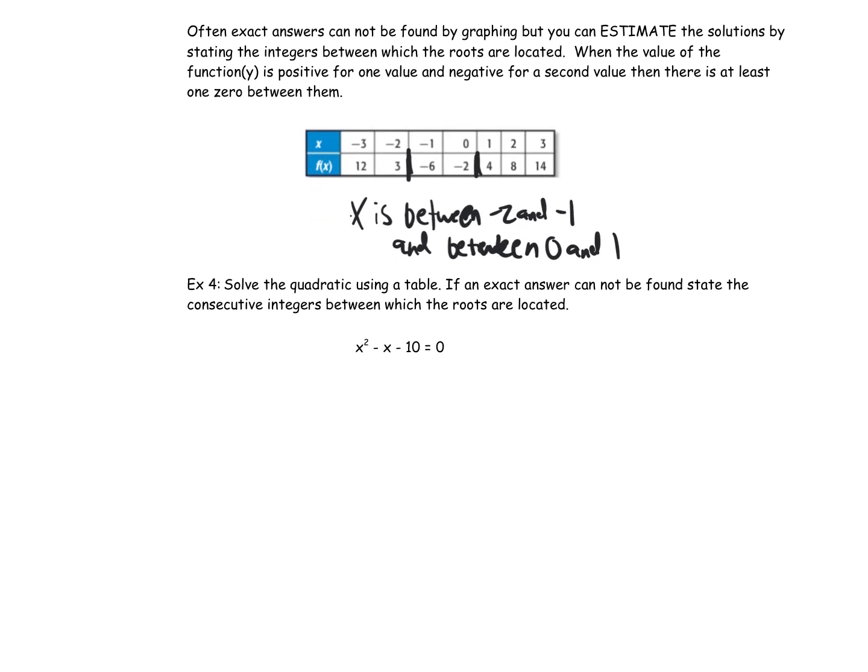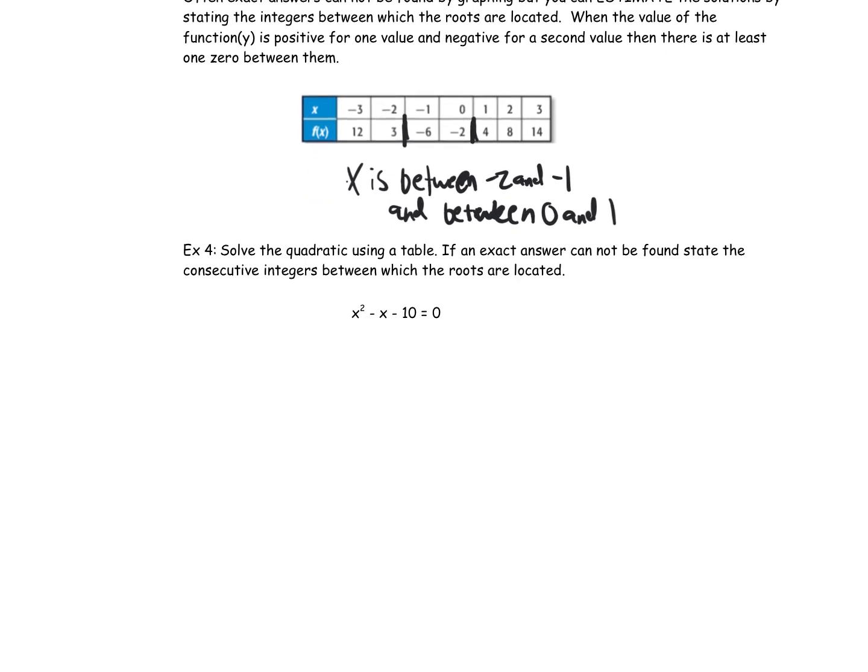All right. The other way of solving a quadratic is just by making a table. We don't even have to graph it. We can just make a table. You can do a horizontal table like in the previous example. You can do a vertical table. It doesn't matter. If we figure out our vertex, that'll go in the middle of our table. So our vertex is going to be positive 1 over 2, so 1/2.